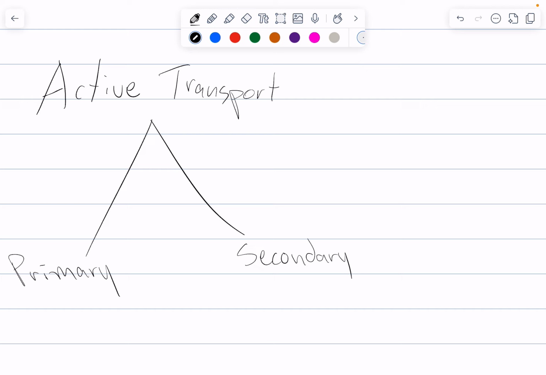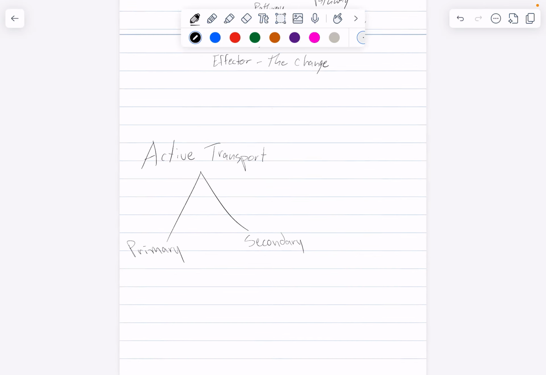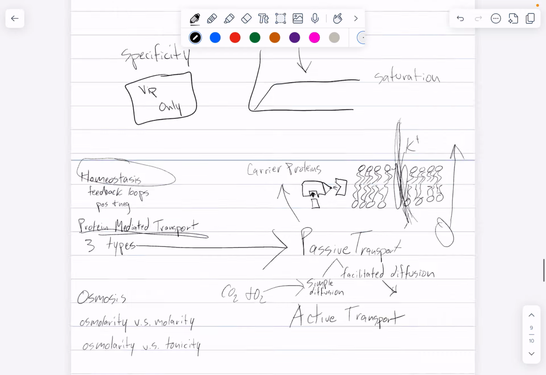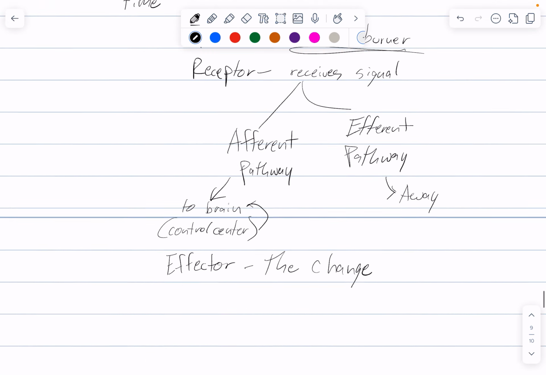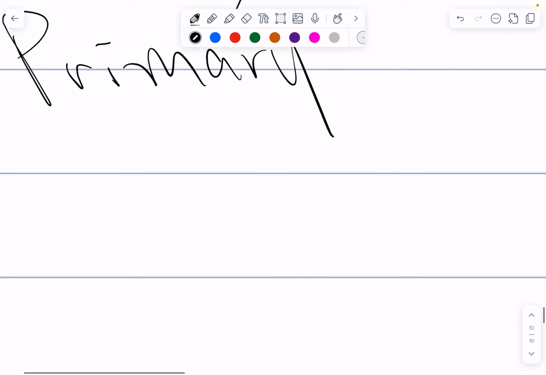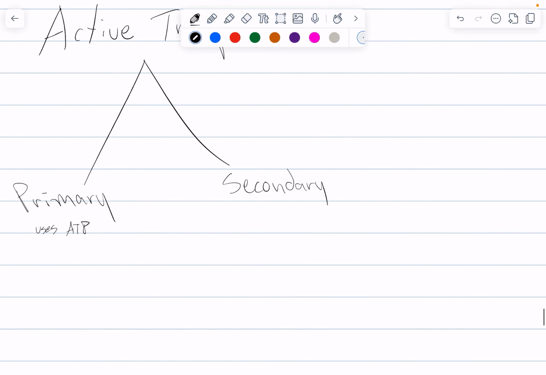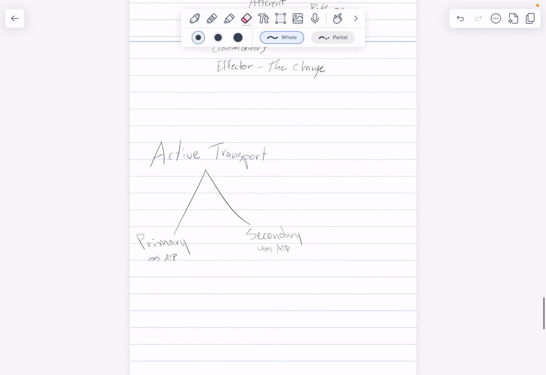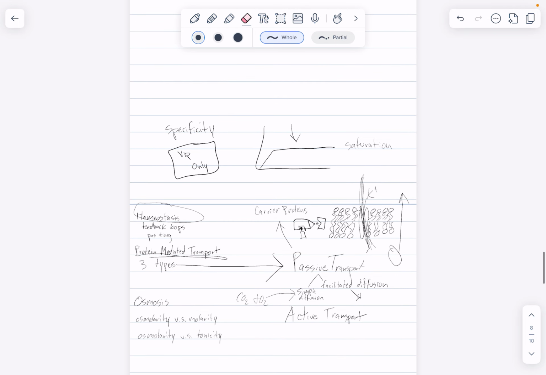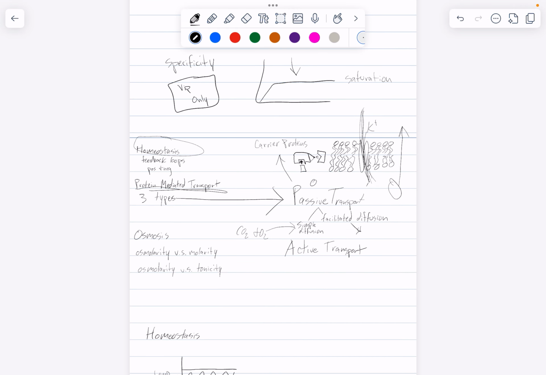So primary active transport is kind of similar to the carrier proteins, has different binding sites, but primary active transport uses ATP, as well as secondary. That's the thing with active transport, is that it requires ATP. Passive transport does not require ATP.